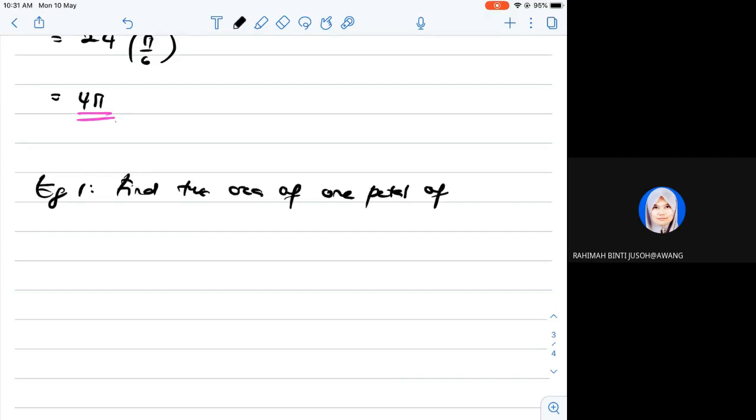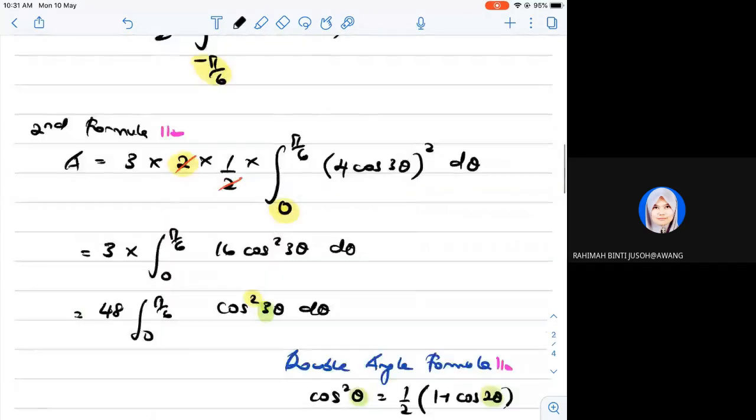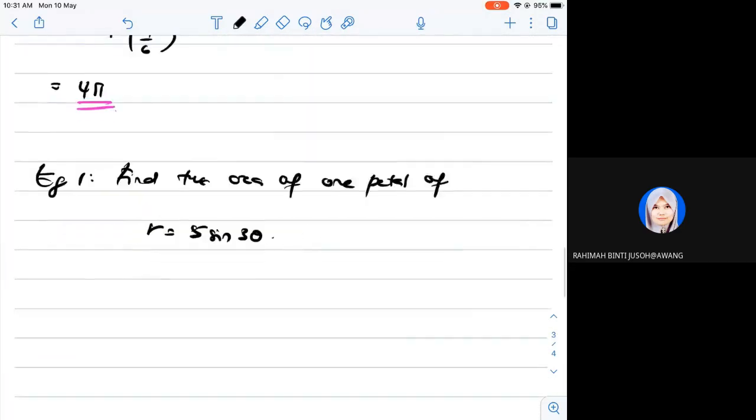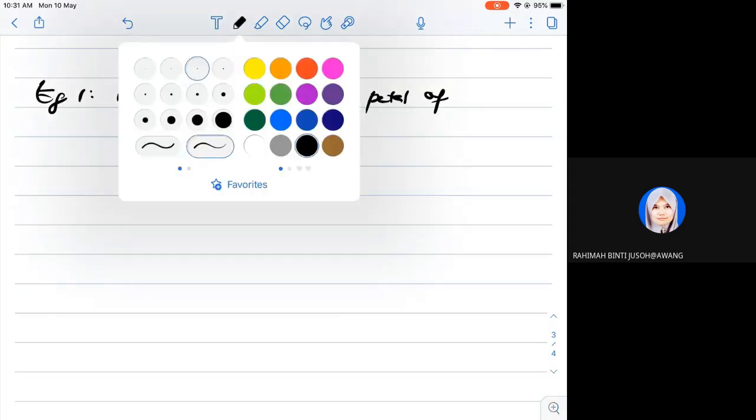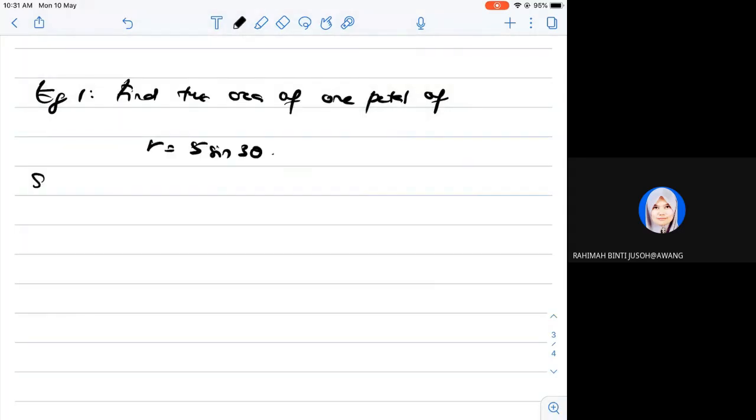Let's say we have R equals to, let's say 5 sin 3 theta. Kalau untuk case sin pula, tadi case cos. Dalam exercise cos. Let's say saya bagi soalan untuk sin 3 theta. So basically guys, your graph will be like this.